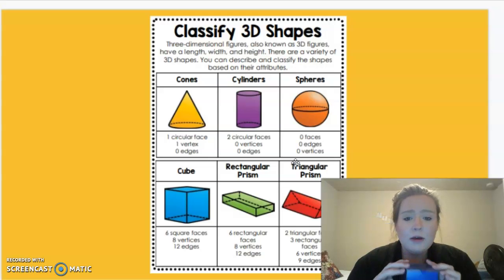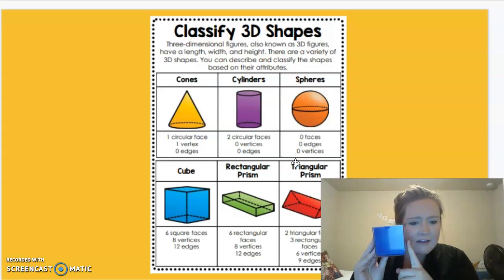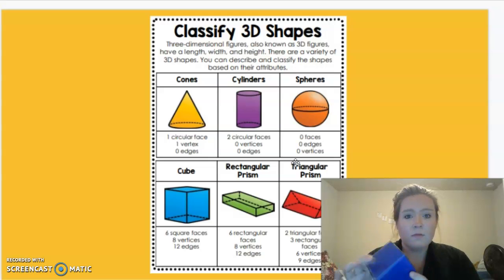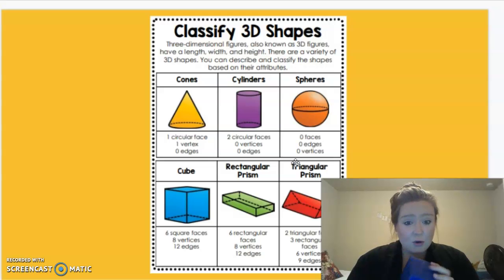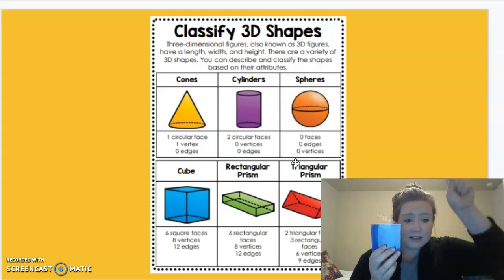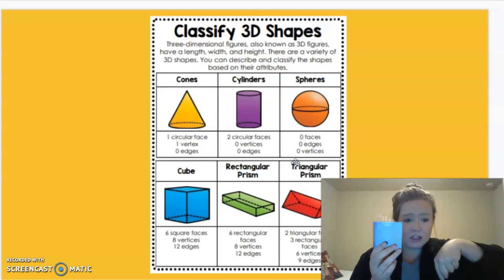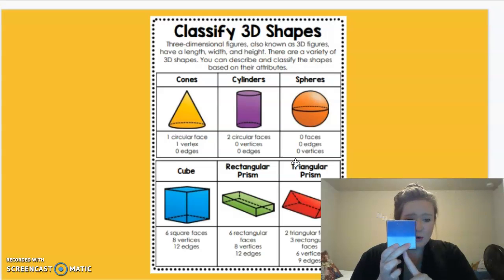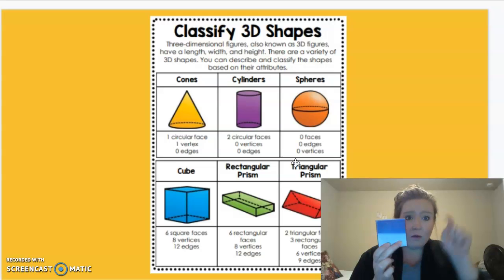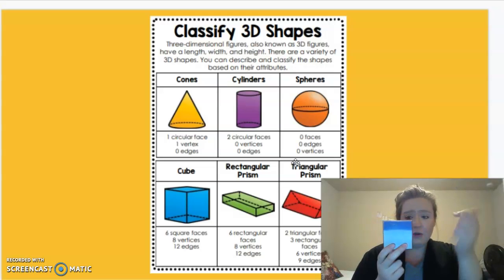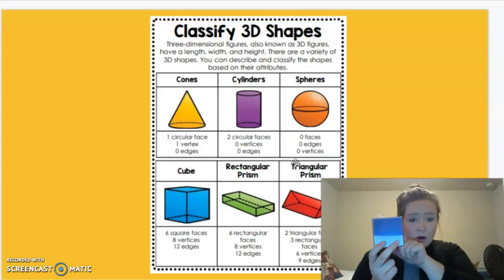A cube, what could you use at home if you didn't have anything to represent a cube? You could use a tissue box. You can also think of maybe your bedroom as a cube, okay? So the top, that's 1, 2. And then you have the wall in front of you and the wall behind you, which would be 3, 4.